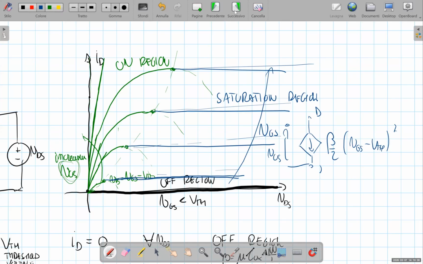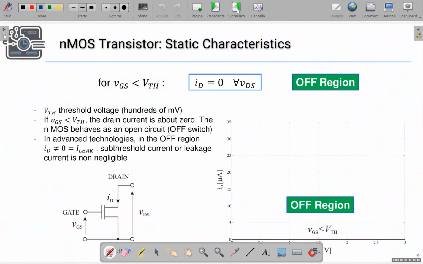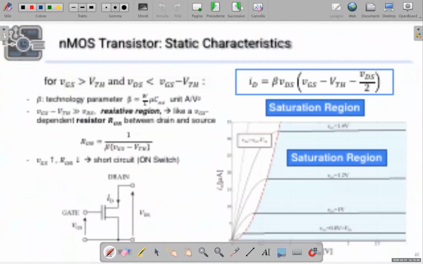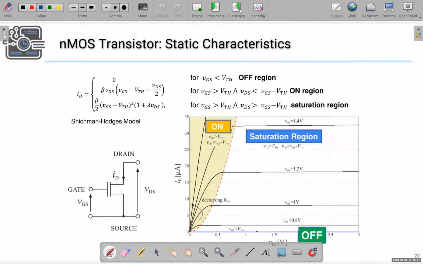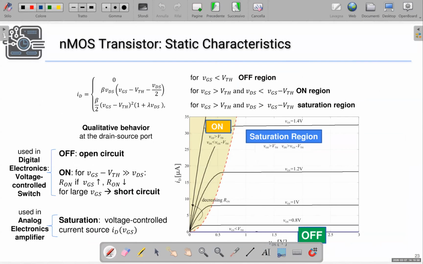Okay, so in short, what can we say about these characteristics from an application point of view? This is the global picture of the three regions: off region, on region, and saturation region. From the practical point of view, we can say that in the on and in the off region, the transistor behaves as a voltage controlled switch.